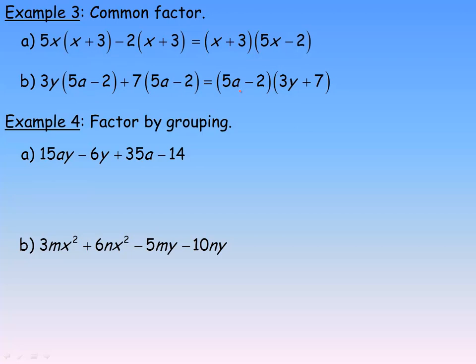Remember, you can always check any factoring by expanding. For example, if we multiply this out, that's 15ay. And just to show you that this does work, 3y times minus 2 would be minus 6y. And then this would be a 35a.